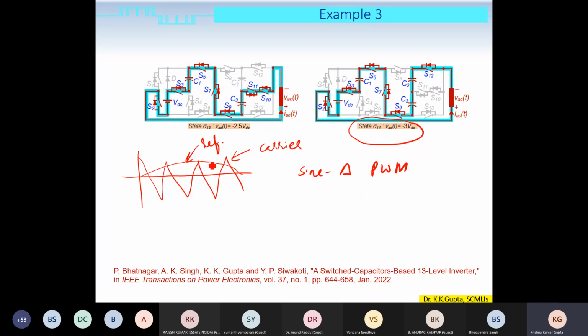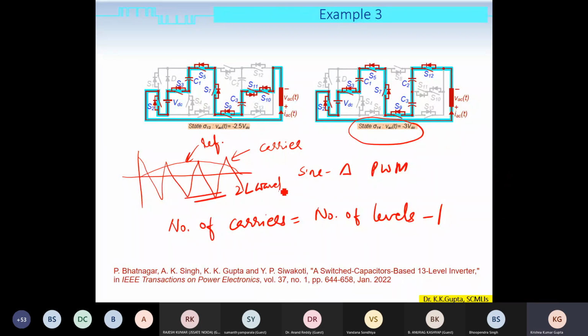All you need to do is increase the number of carrier waveforms, right? The general rule is that the number of carrier signals will be equal to the number of levels minus 1, right? So this is used for a two-level inverter, 2 minus 1 is 1, so you need only one carrier signal.